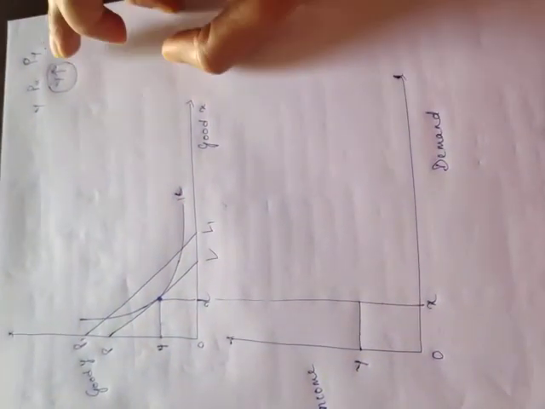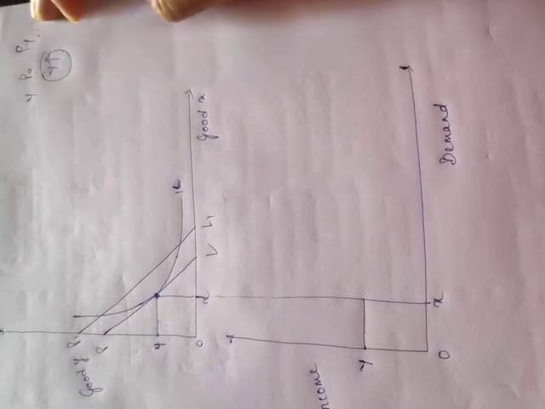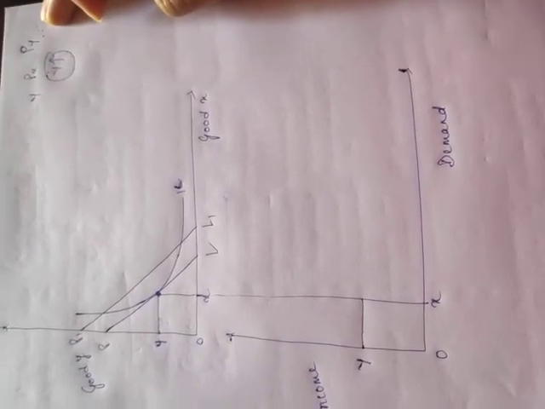So when you have more income in your hands, then you can purchase more of both the commodities PX as well as PY.